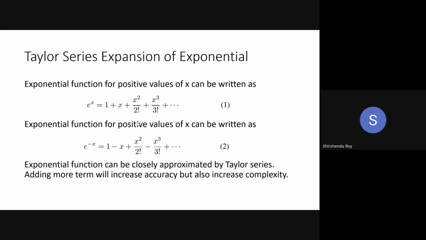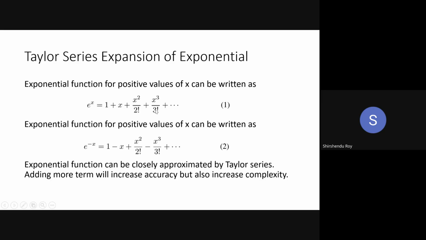Next, the Taylor series expansion of the exponential. The exponential function for positive values of x can be written in this form: e to the power x is equal to 1 plus x plus x squared by factorial 2, x cubed by factorial 3 plus more terms.